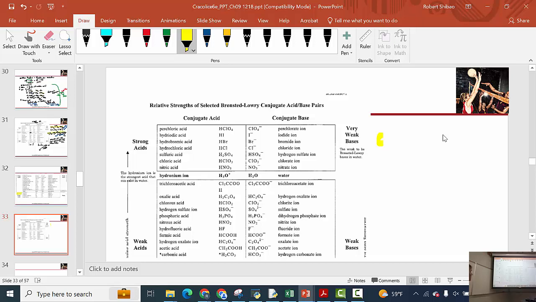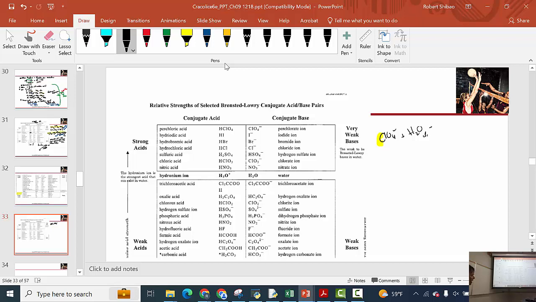ClO4 minus. This is a base. In water, let's say we don't have any perchloric acid, we just have perchlorate and some other cation like sodium perchlorate or something like that.